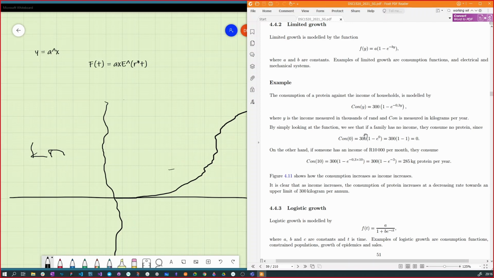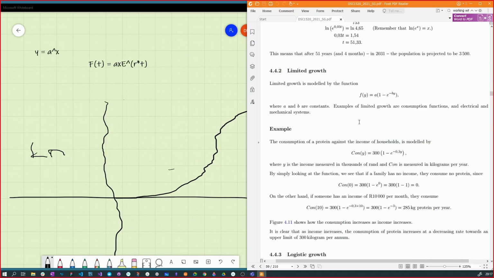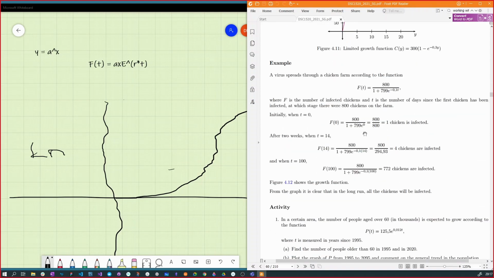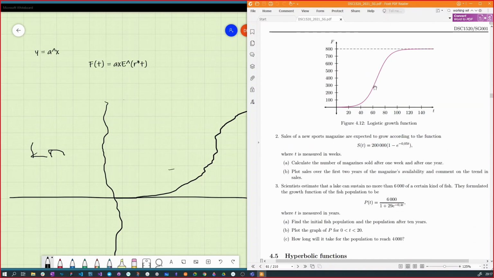And another example of limited growth that they give us here is the consumption of protein by households. And the reason why this function is so important is that, I'm going to try and find, yeah, here it is. So as the population grows, oh, okay, this is logistic growth, but it's the same kind of form as population growth.